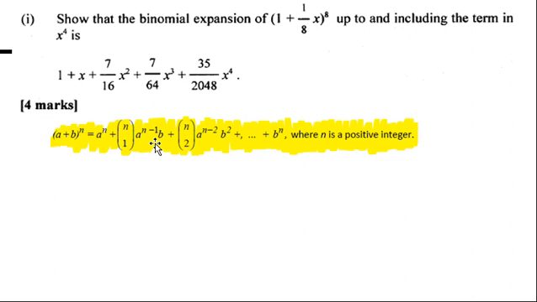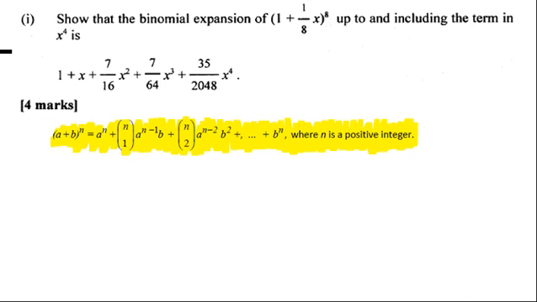And there are actually two formulas that we're going to be using. This one is used when our n is positive and an integer. So in this case, my n, which is 8, is positive and an integer. And so this is the formula that we're going to use.